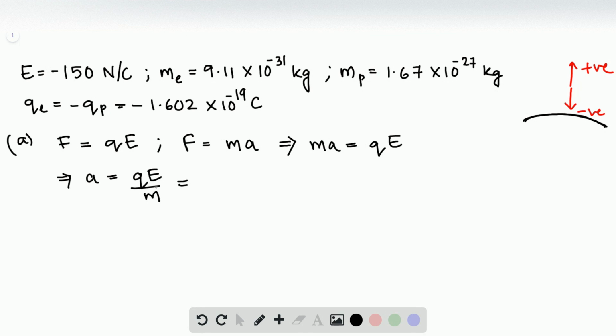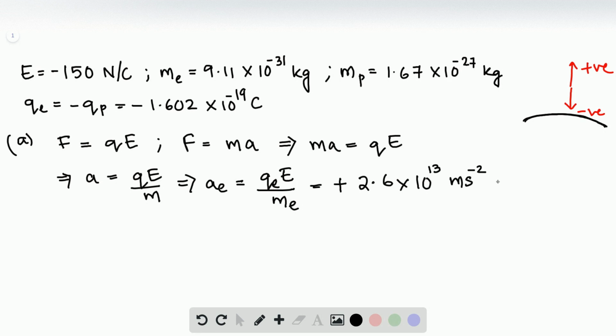So for an electron, the acceleration will be the charge of the electron, which is negative 1.602 times 10 to the power minus 19 coulomb, times electric field over mass of the electron, and this gives me positive 2.6 times 10 to the power 13 meter per second squared.